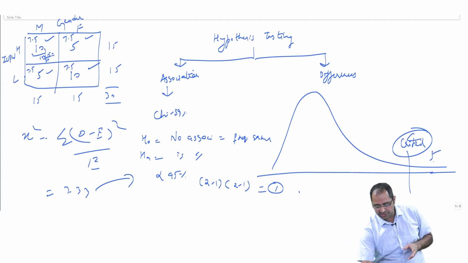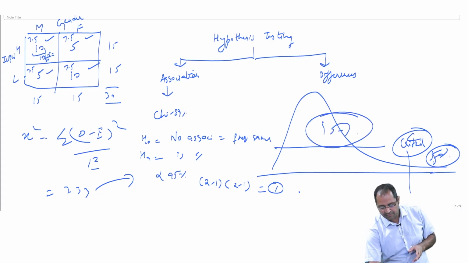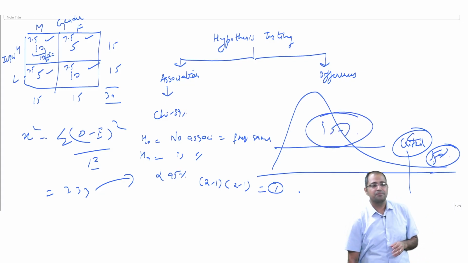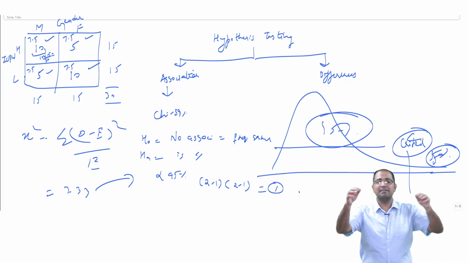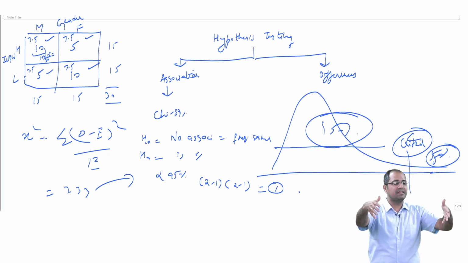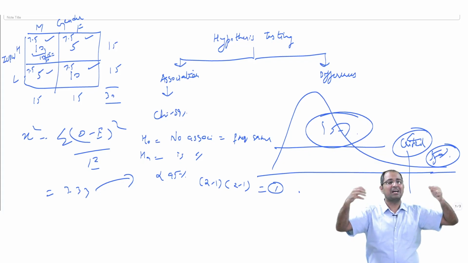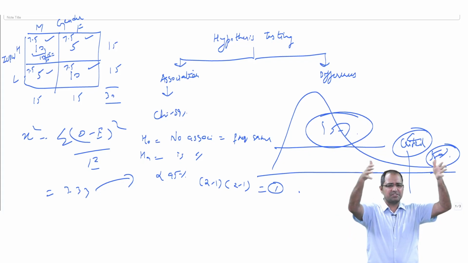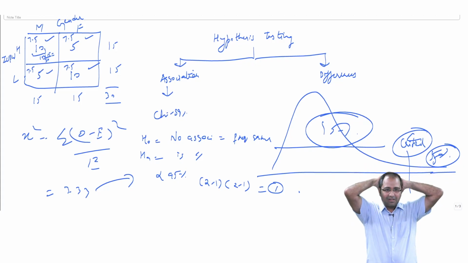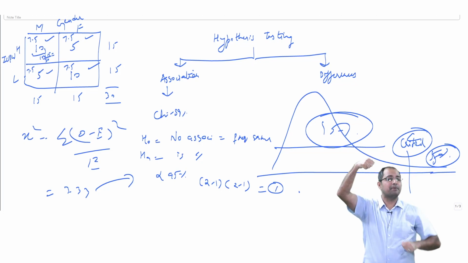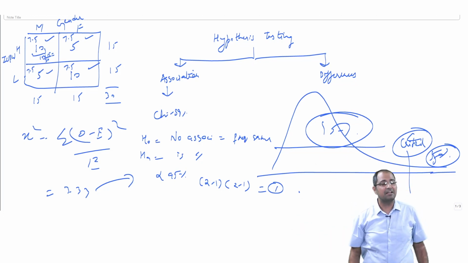This critical value is chosen, this is the 5% and this is the 95%, which means we are saying that if in the population there is no association, then there is a huge chance that you would have picked up a sample whose difference with the expected is not much. But you picked up a sample whose difference was more than the critical value.